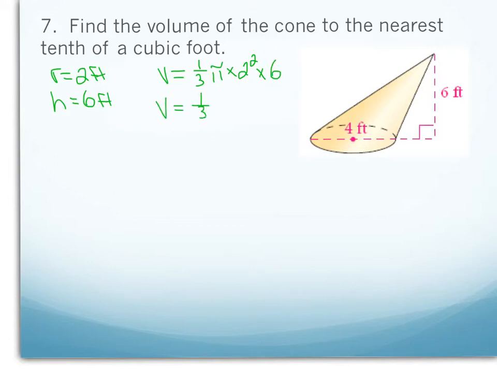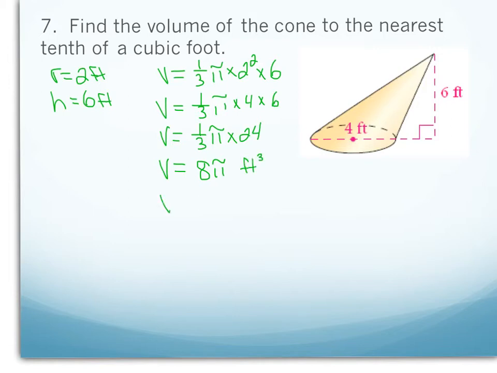So volume equals 1/3 pi times 4 times 6, so 1/3 pi times 24, which is 8 pi feet cubed.